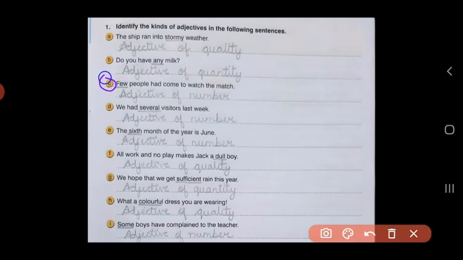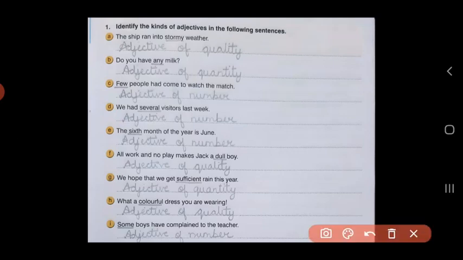Few people had come to watch the match. Few will be adjective of number. How many people? Few people. D. We had several visitors last week. Visitors is the noun. How many visitors? Several. So several becomes adjective of number.